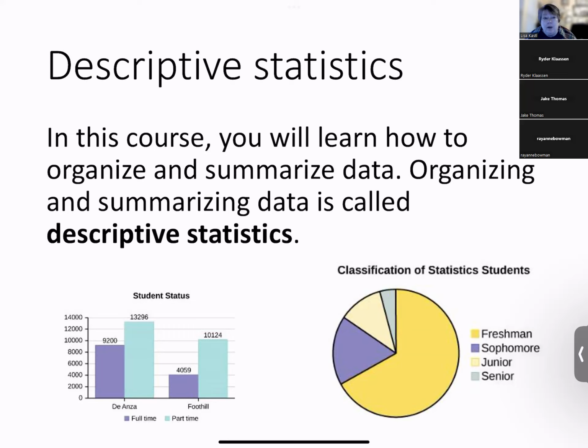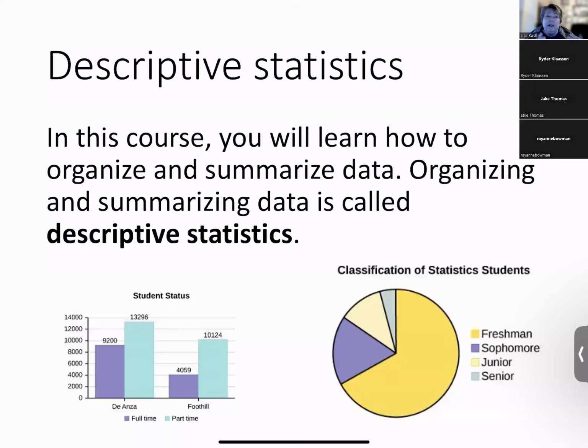Graphs are wonderful because just looking at them, I can immediately see information. Like looking at that pie chart on the left, I immediately see that the yellow pie is the big piece of the pie. So what does that represent? Well, then I can go over to the legend and I can see, oh, that's freshmen.